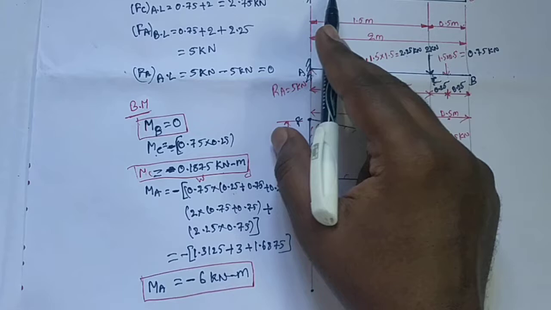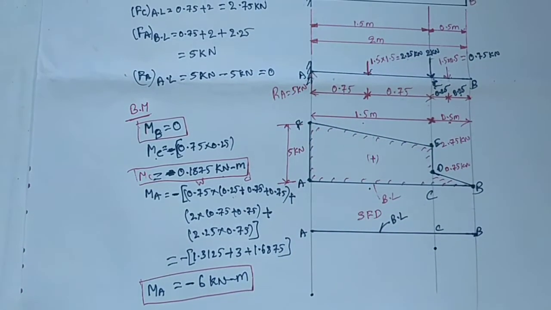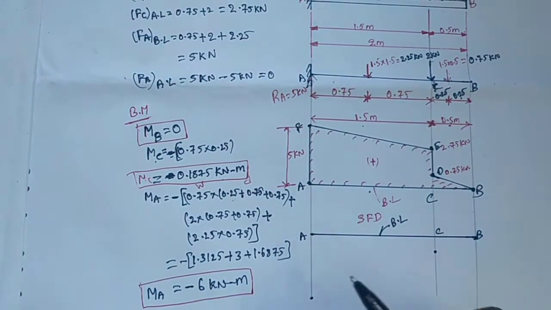Here the load acting on the beam is UDL, so we need to draw the parabolic curve.